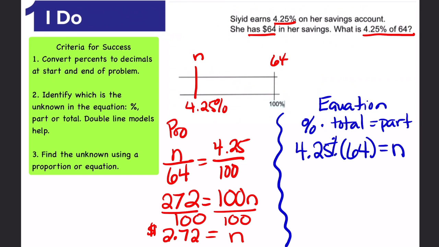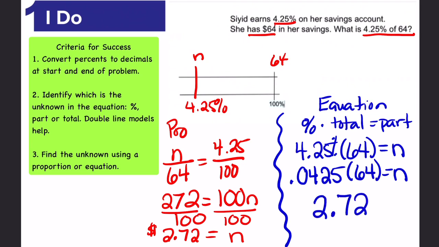But the first thing I'm noticing is I left the 4.25 as a percent. I can't do that. So again, you're going to move this decimal 2 times, and you're going to need a placeholder. So let's do that first. 0.0425 times 64. And it's also going to give you the same thing, 2.72 equals n, so $2.72.